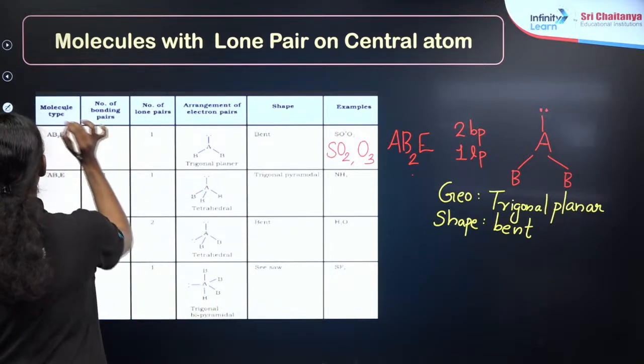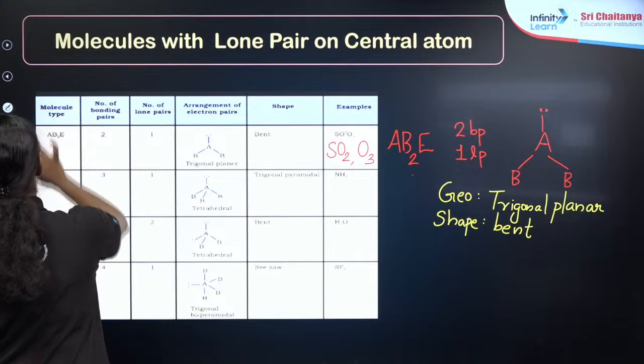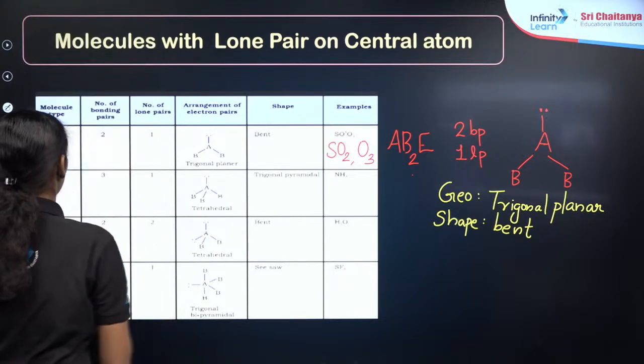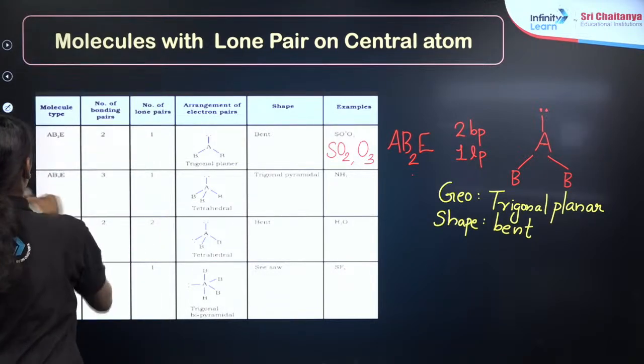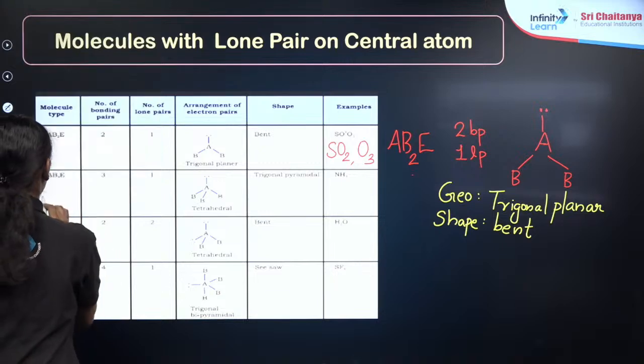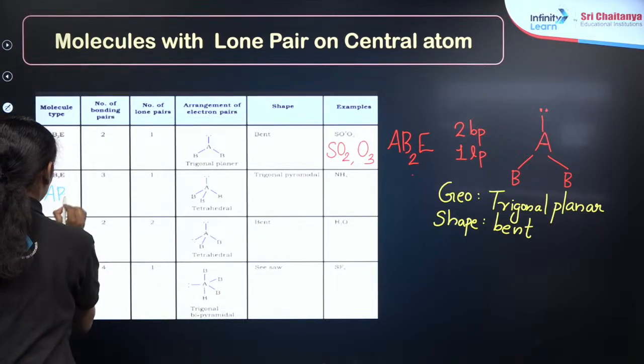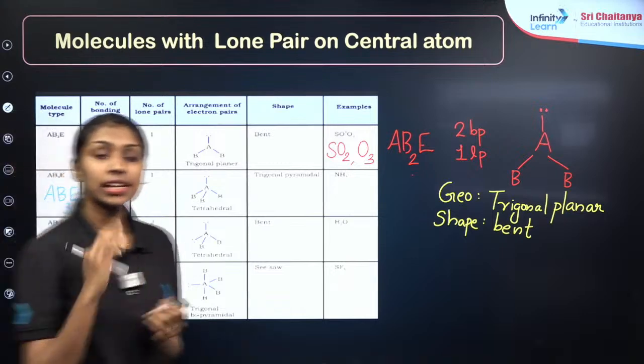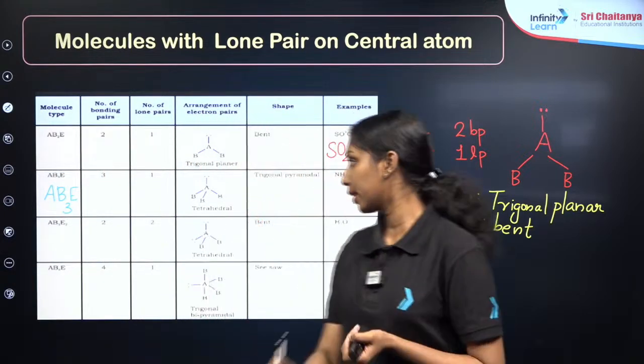Okay, the next type is AB3E type, which means it contains 3 bond pairs and 1 lone pair, right?